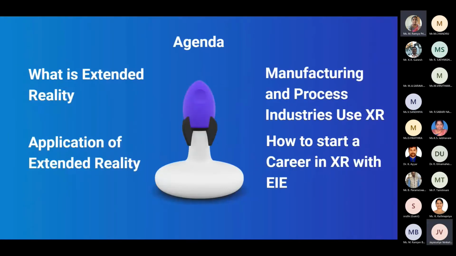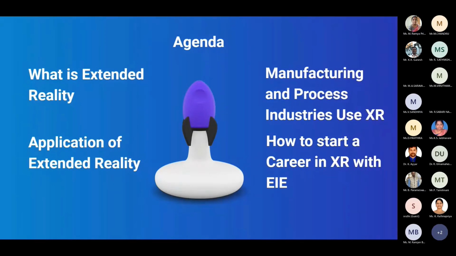So in this, I split the whole seminar into 4 groups. First, we understand what is extended reality, what are the different kinds of extended reality, and what are the applications in the industries where it is used. At the third step, we will look into how manufacturing and process industries use XR.